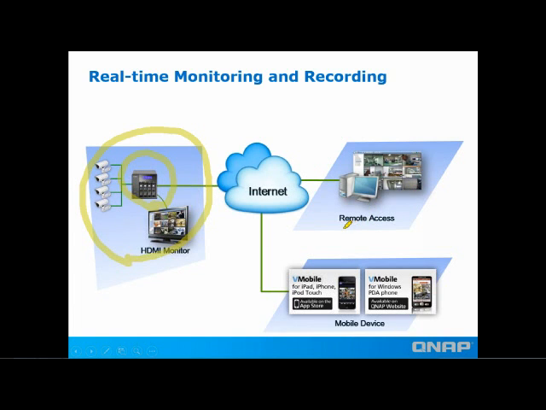But if your customer or the property owner wants to check remotely, we also provide the web browser and also mobile apps on Android and iOS. So this is the solution. It's ideally perfect for small, medium business and also retail environments.